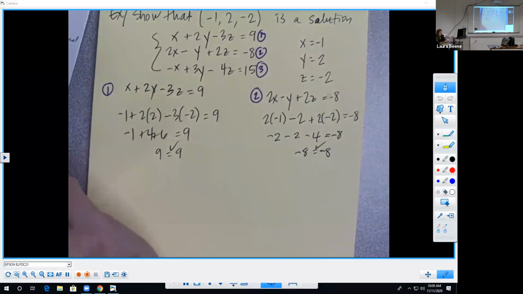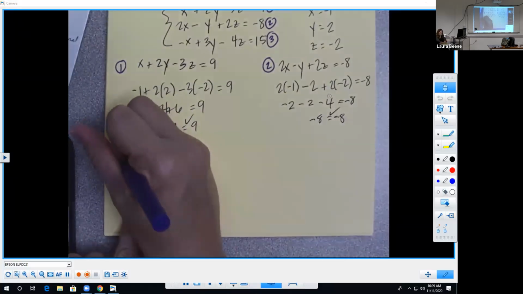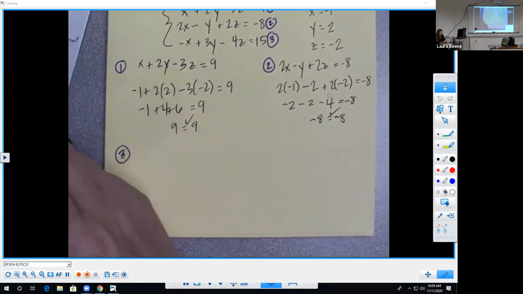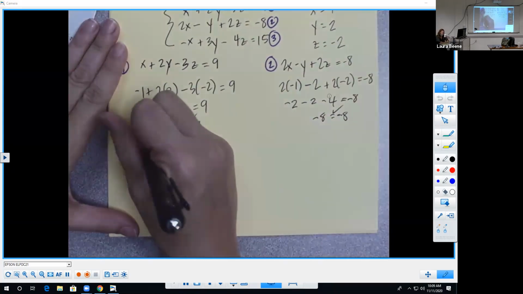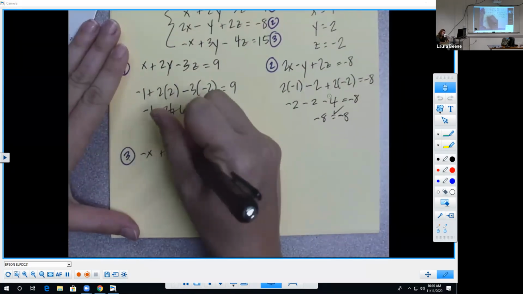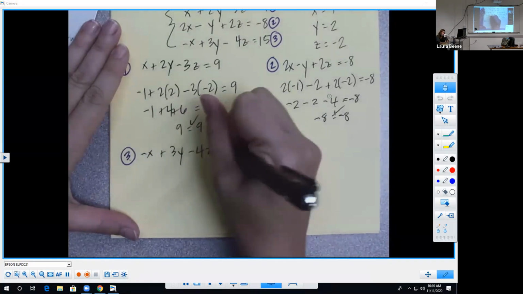And for the third equation, -x plus 3y minus 4z equals 15.